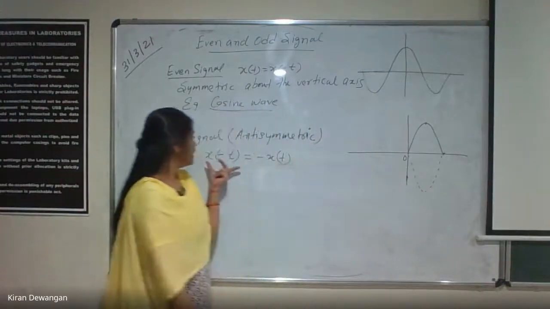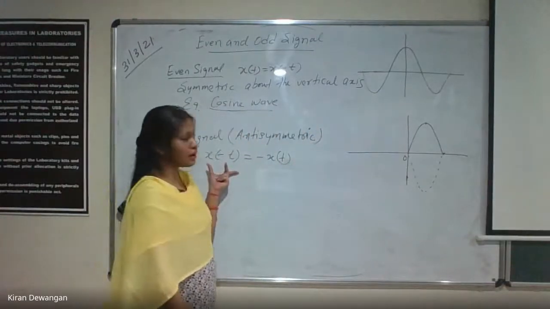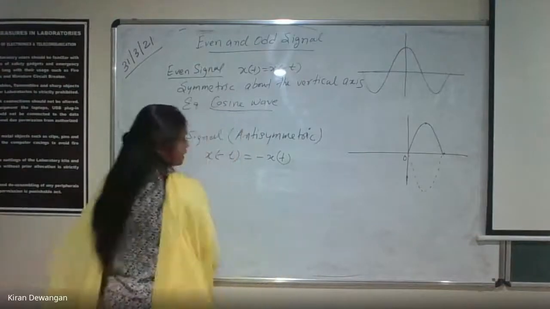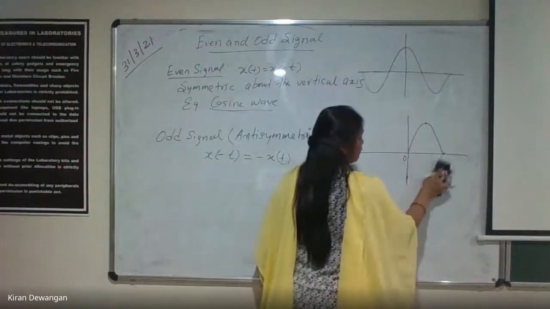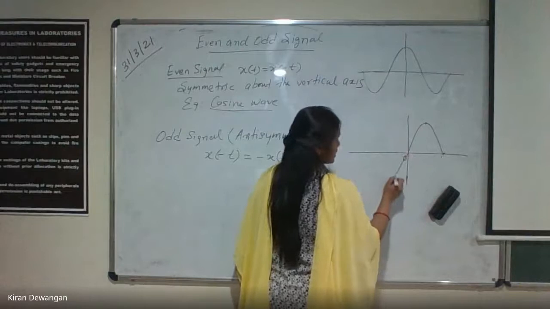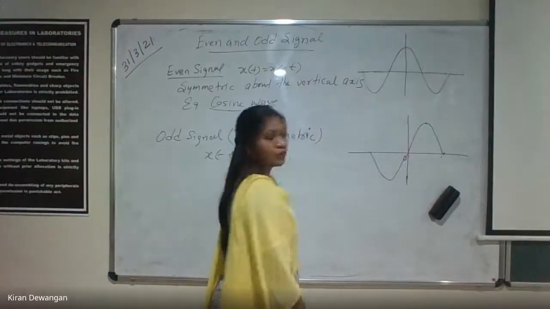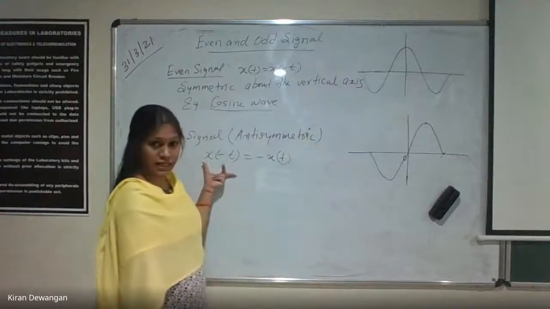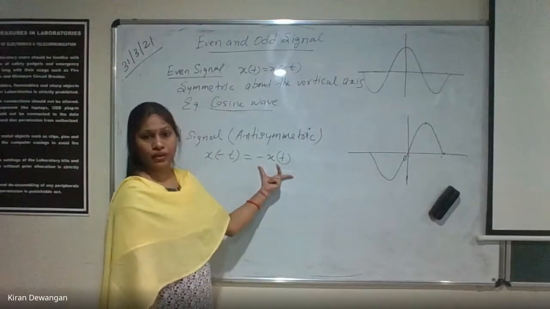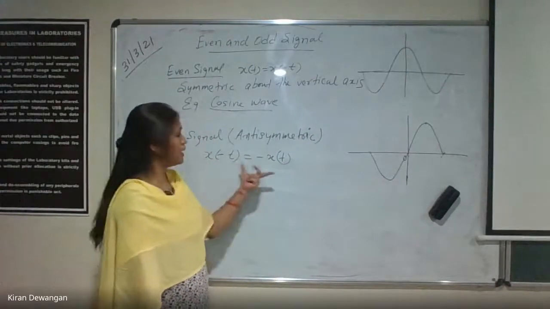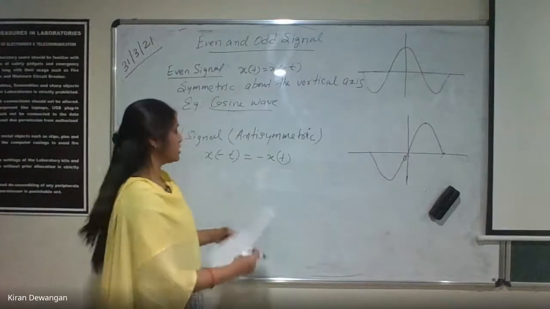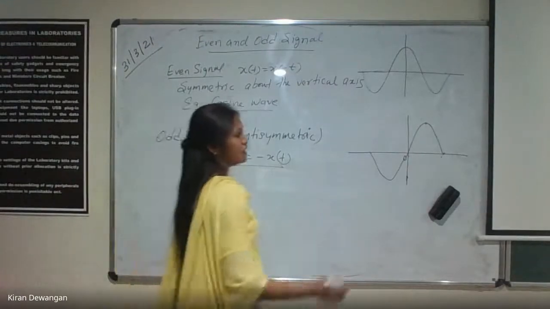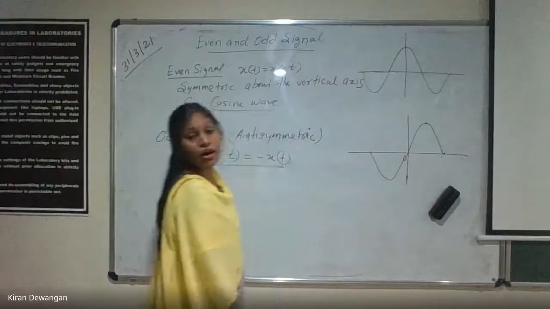And for the negative side, if I have to plot for minus t, it will definitely be like this. So x of minus t will be minus of x of t. So it is satisfying this condition, then this one is an odd signal.